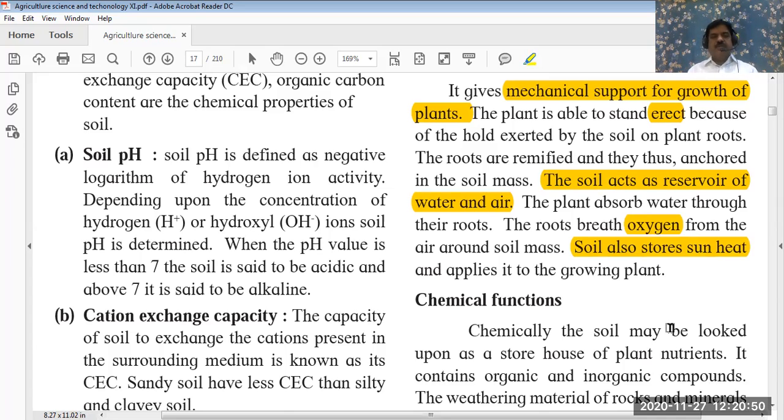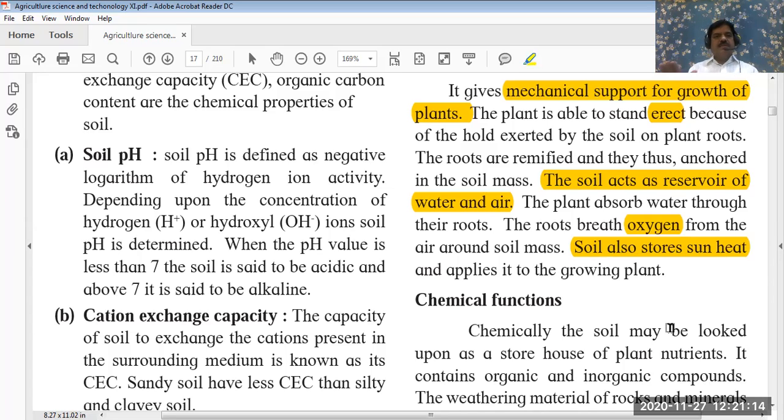It always remains warm. Even in the summer season where the temperature is very hot, sometimes it crosses 40 degrees centigrade, even then the soil temperature is maintained, it doesn't cross that limit. In warm climate, soil remains up to a particular temperature.